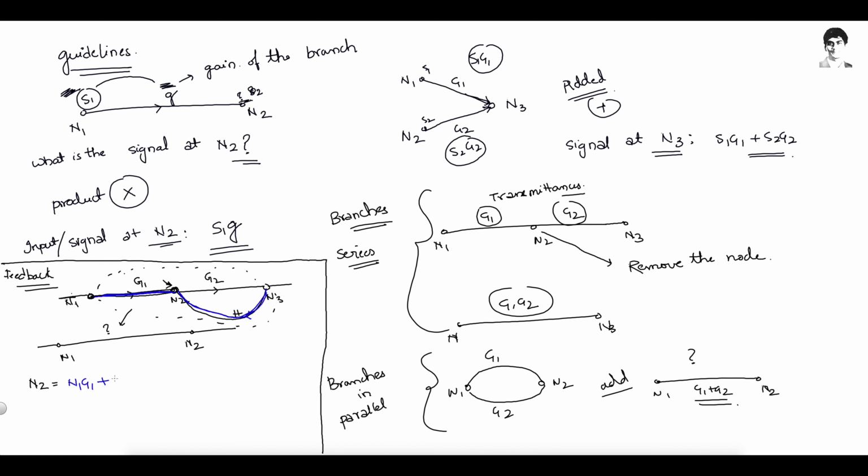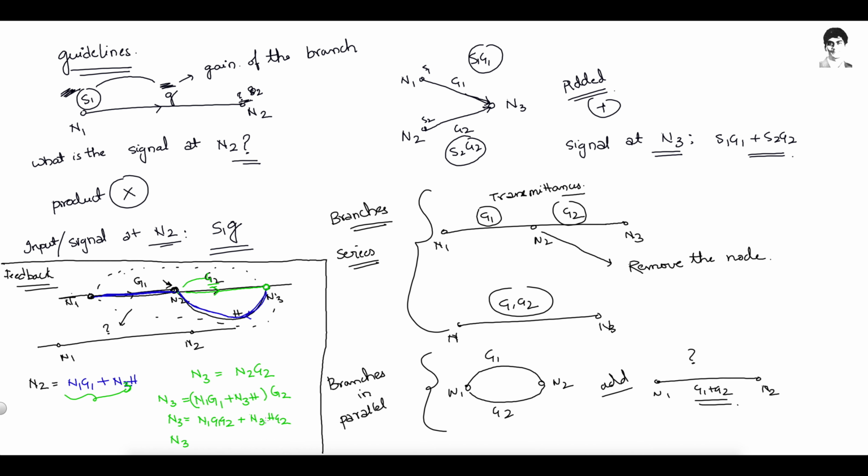So at N2, you have N1G1 plus N3H. All right. At N3, the signal that you're getting is N2G2. That's all you're getting, right? So at N3, let me substitute the value of N2. So I have N3 is (N1G1 plus N3H) into G2, which is N1G1G2 plus N3HG2.